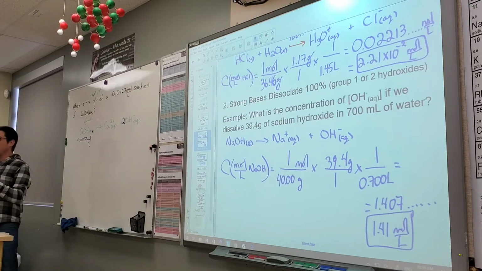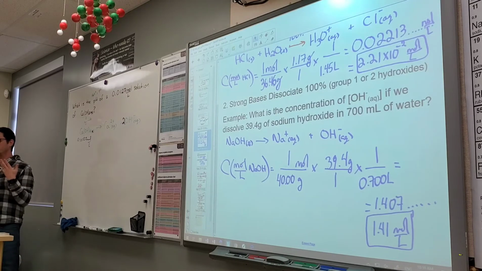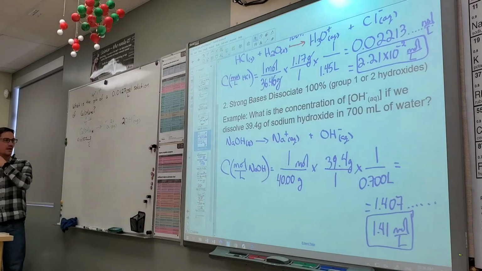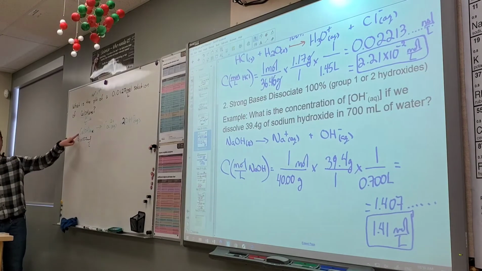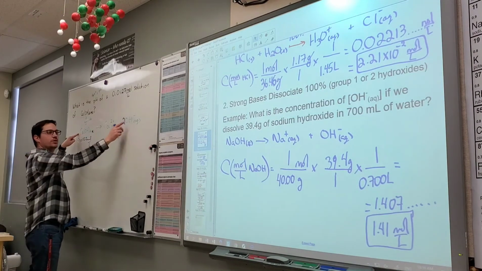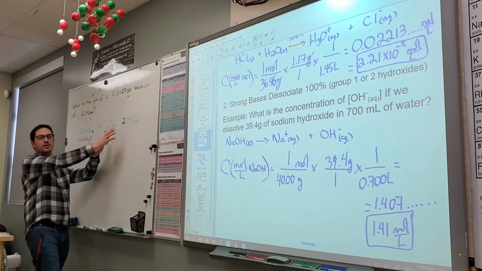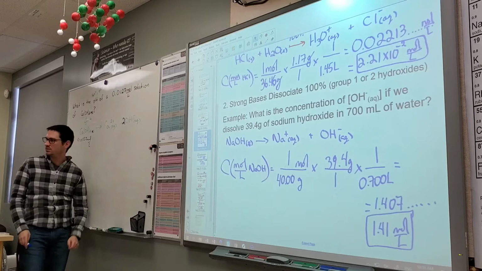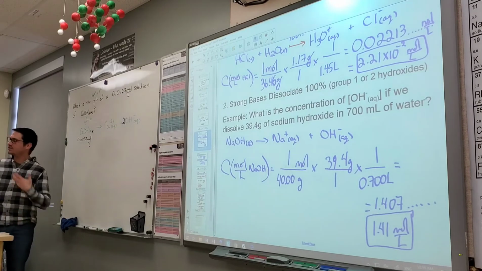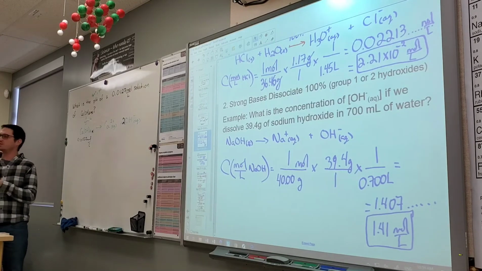Now, without really doing any math, what do you have to do? Without really truly doing any chemistry or anything like that. If one of these makes two of these, then 0.0127 of these will make double that. Does that make sense? You don't have to even show that to me because that should be so simple.